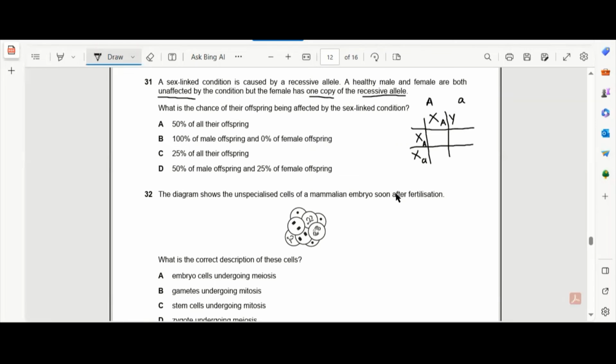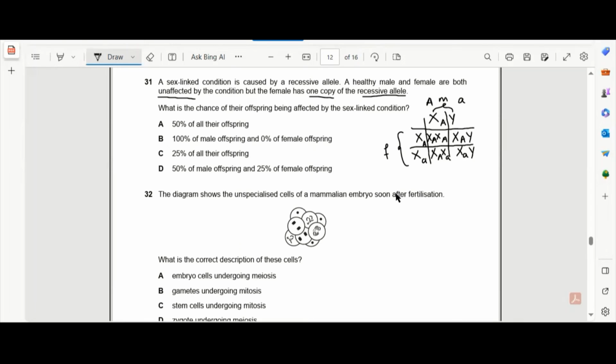This is the mother, the female, and this is the male. So XA, XA, XAY, this is XA, X small a, this will be X small a, Y.